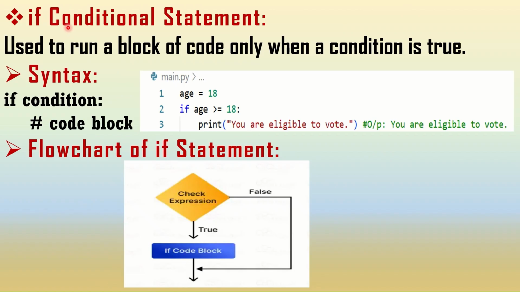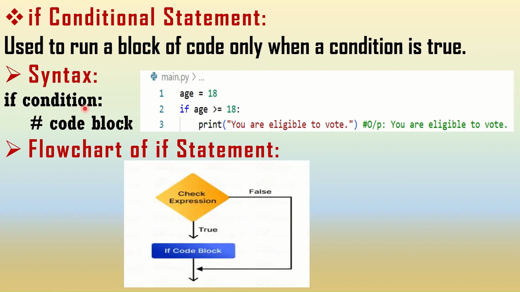The if conditional statement is mainly used to run a block of code or a set of statements only when a condition becomes true. This is applicable only when a condition becomes true. In Python, for everything we have a syntax, right? So for the if conditional statement also, we have some syntax that we need to follow.